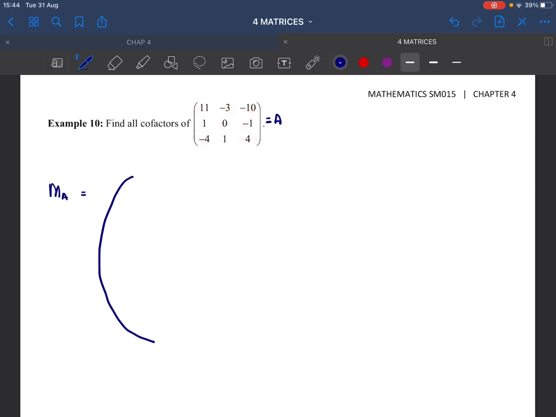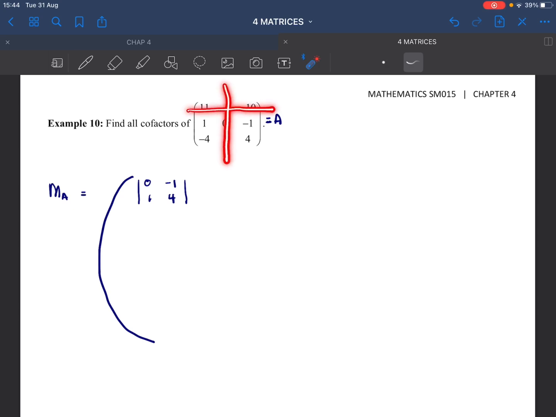Okay, so first this one, which is this one ialah 1, 1. So kita akan delete kat sini, delete kat sini. So yang tinggal ialah 0, negative 1, 1, 4. So next, yang sebelah dia, yang ini kita akan delete, yang ini kita akan delete.